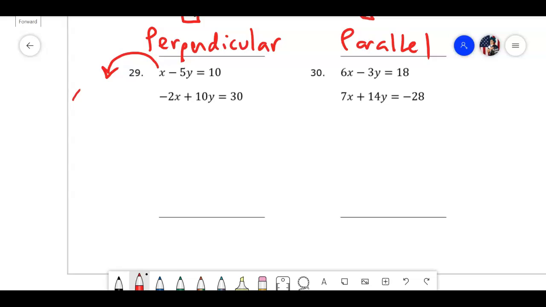Okay, I'm gonna solve this over here. Minus x, divide by -5.